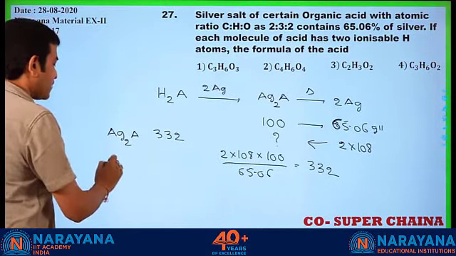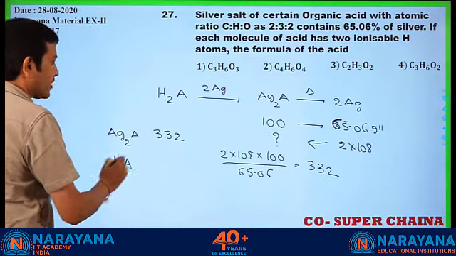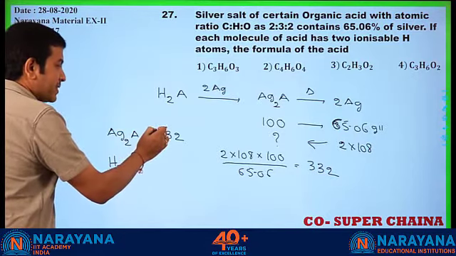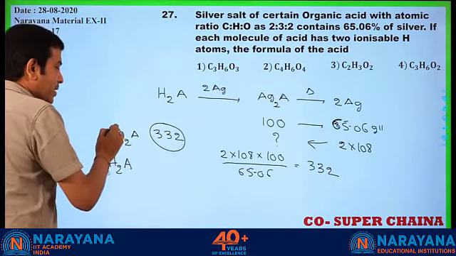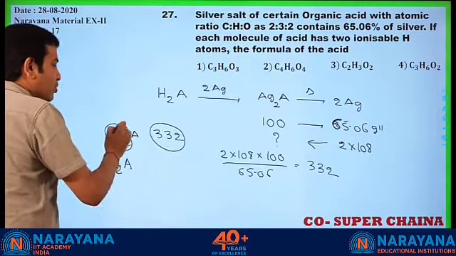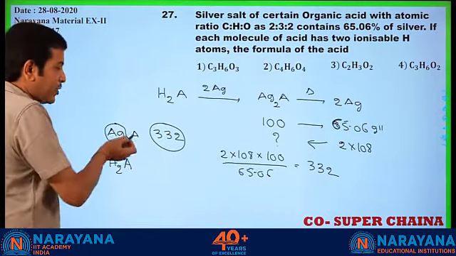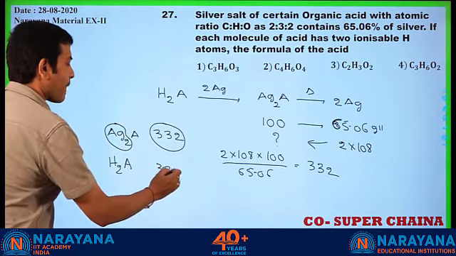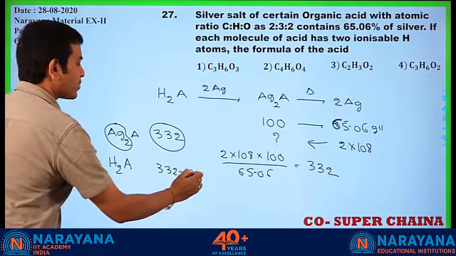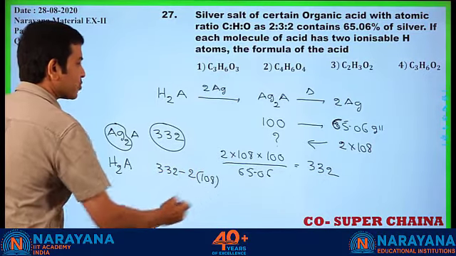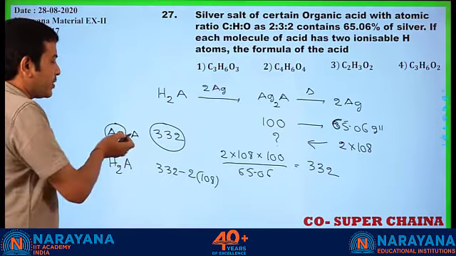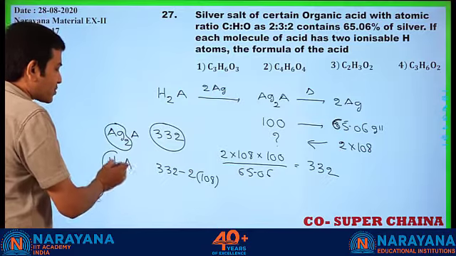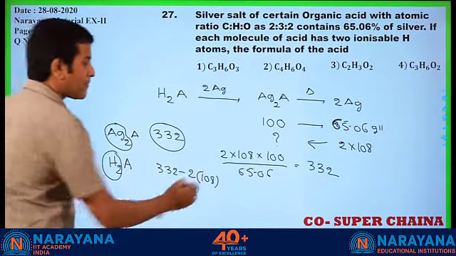I want the H2A molecular weight. Now from this 332, remove the weight of 2 moles of Ag, then you will get the weight of A. Then add 2, and you will get the H2A weight.